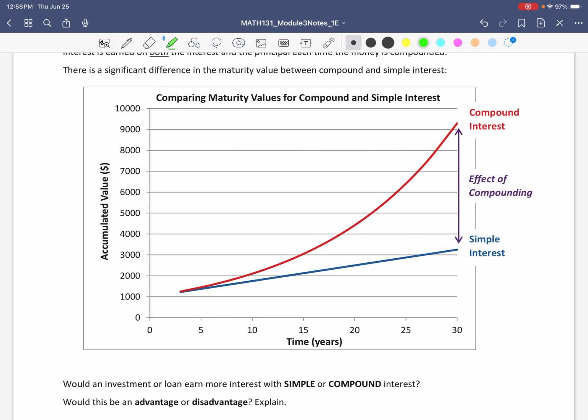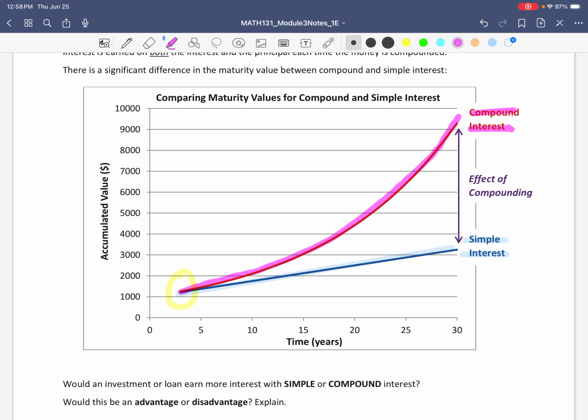So if we start by looking at the linear line of simple interest, we can see that it grows very constant. So there's the blue of simple interest. So notice that we both start here with the same amount of money or principal that has, let's say, been invested for the sake of this lesson. Now, if we take that same amount, but rather than invest it as simple interest, invest it as compound interest, you can see that the growth initially is similar to simple interest, but then it really starts to take off.